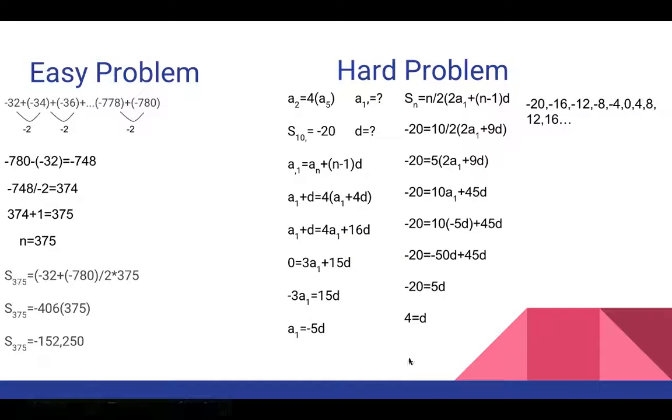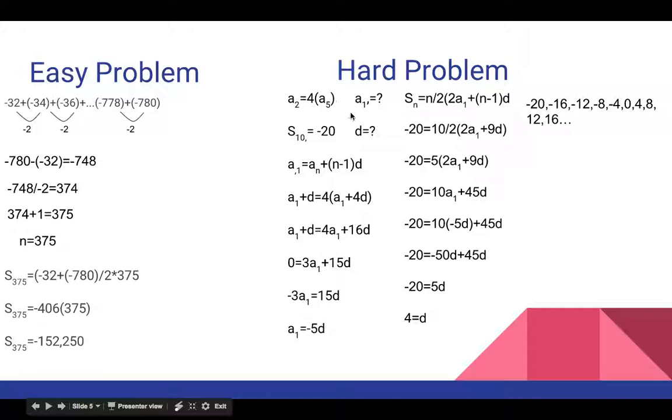And so now we know the common difference D is 4. Now that we know this information, we say that negative 20 is A1, and since the common difference is adding 4, we do negative 20 plus 4 is 16, and so on.